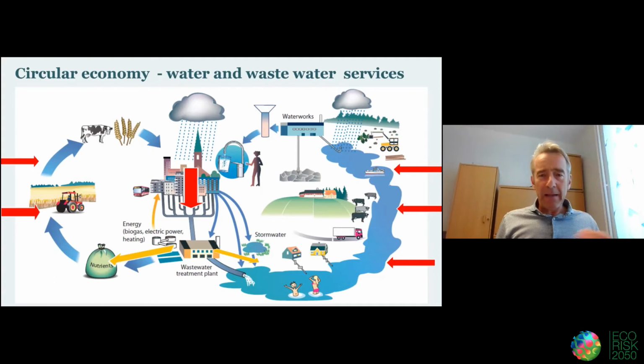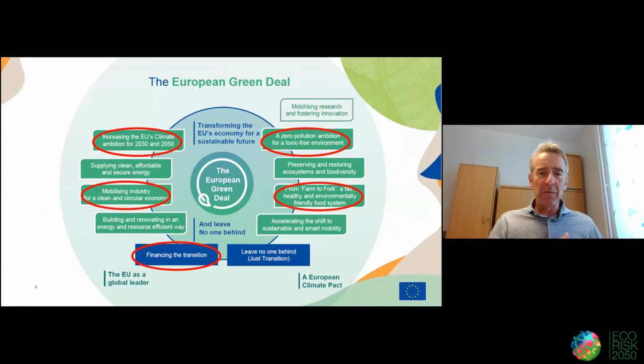I will soon come back to possibilities and a system called Reebok, which we work with in Sweden. First, I would like to go up to the European level, and the Green Deal of the European Commission, which is up and running now, and was introduced by the new European Commission in the autumn of 2019.